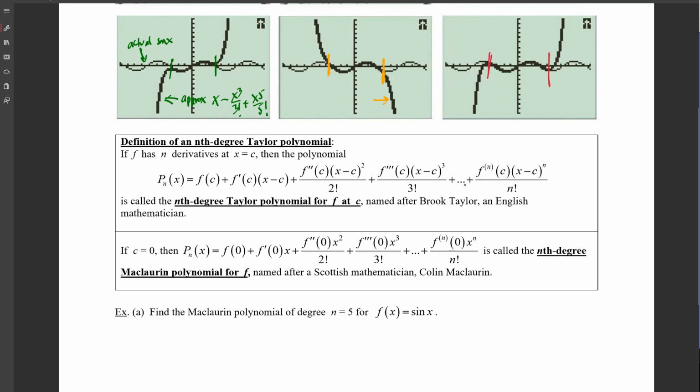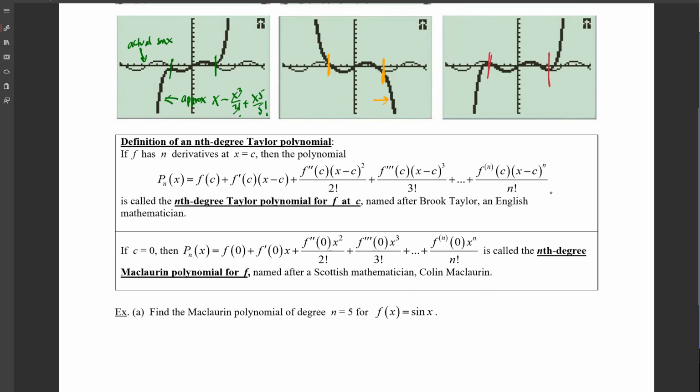This is going to be equal to f at c plus f prime at c times x minus c, plus f double prime of c times x minus c squared over 2 factorial, plus f triple prime of c times x minus c cubed over 3 factorial, plus, and it goes on.